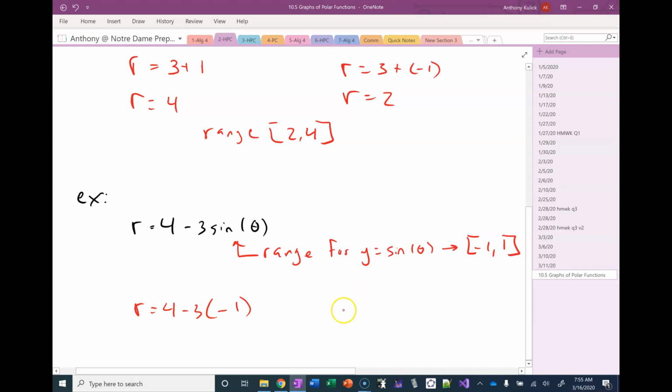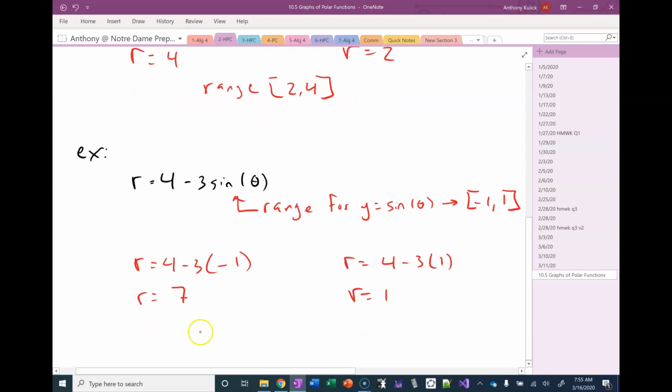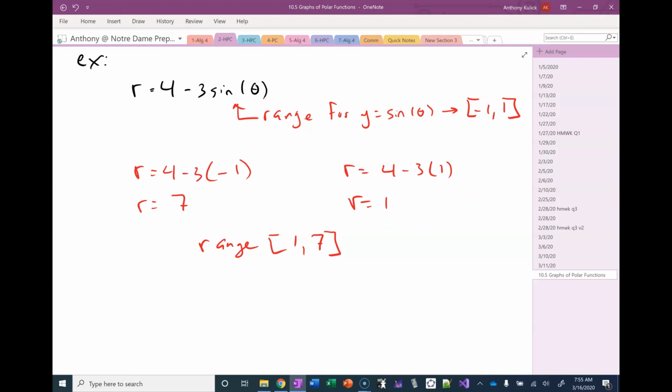If I replace sine theta with its minimum and maximum values, I get 7 and I get 1. So we'd say the range for this is the minimum of those two numbers, comma, the maximum of those two numbers. Hopefully that felt pretty easy. It shouldn't have been too difficult. The key there is just remembering the ranges for sine and cosine, which we dealt with first semester.